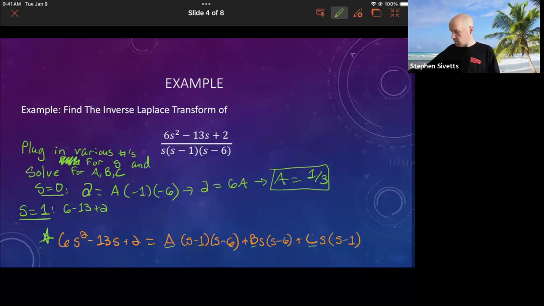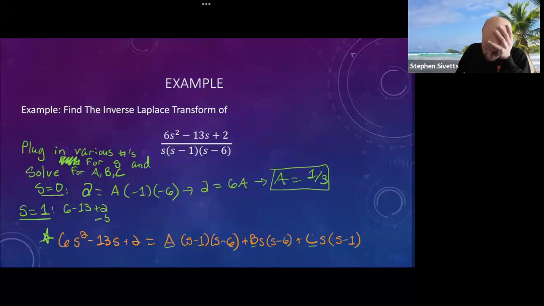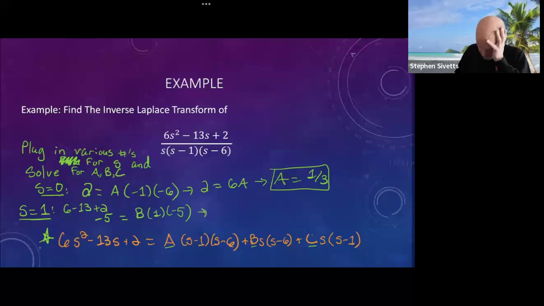So I'll have a -5 on the left-hand side. And on the right-hand side, we know if s is 1, the first term and the last term are gone. And so we'll have B times, in this case, 1 times -5. And so B is 1. Okay, so B is 1.